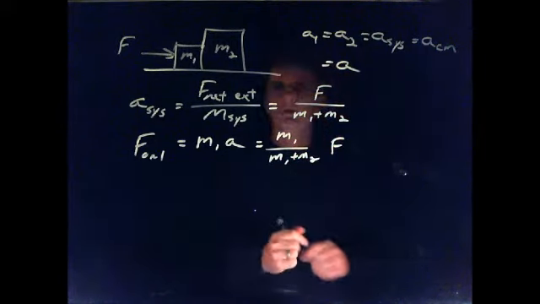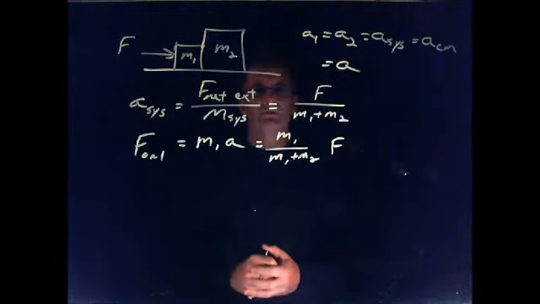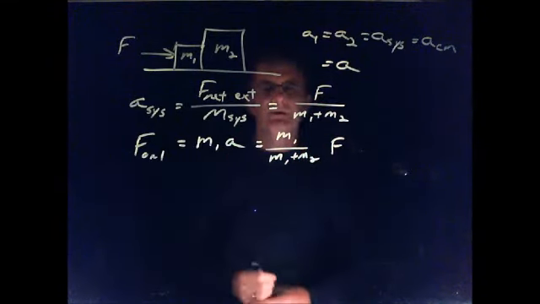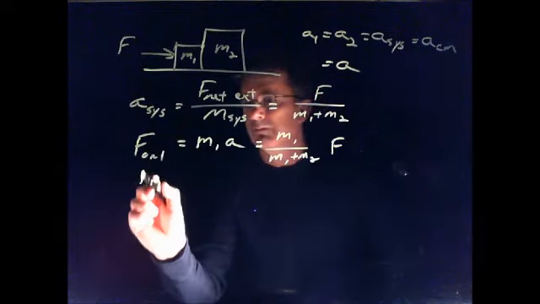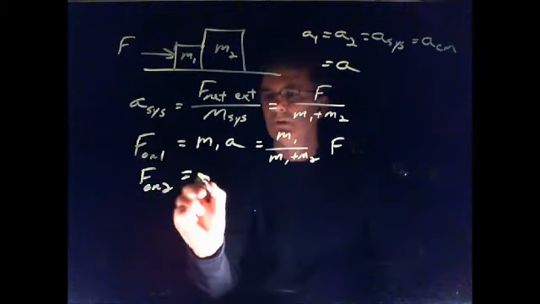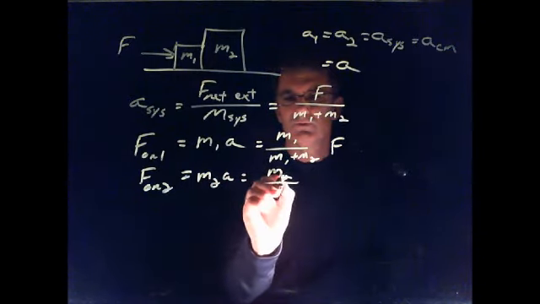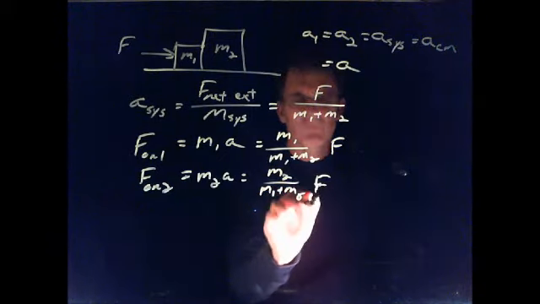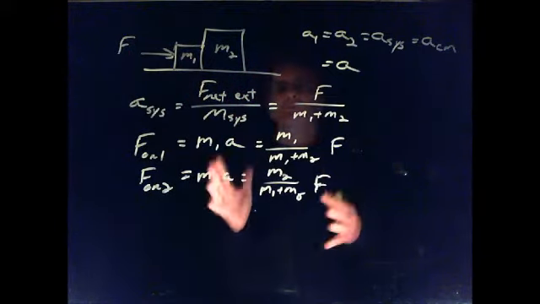My force on M1 is some fraction of my overall force. That's what this term is. It could be half. It depends upon what the two masses are. Similarly, we can determine that the force on block 2, which is M2A, is just going to be M2 over M1 plus M2 times F. The way that I like to think of it is, this overall force is going to be broken up.